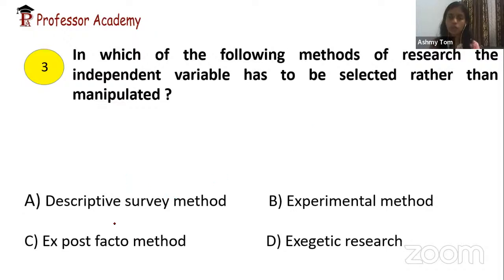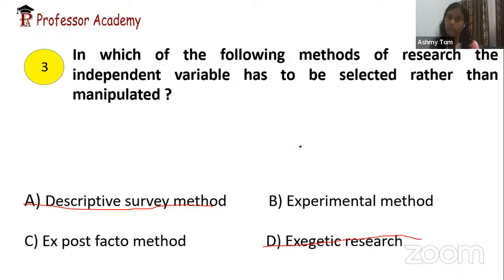So directly, without much confusion, you can eliminate option A and option B. I'm considering both of these, and the very basic difference between experimental and ex post facto method is that the independent variable is being selected or observed in the ex post facto method, while it can be manipulated by the researcher in the experimental research.